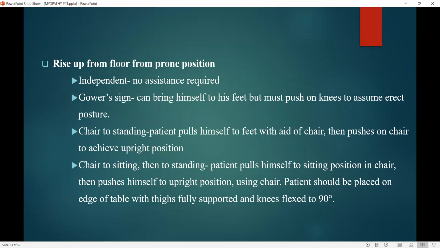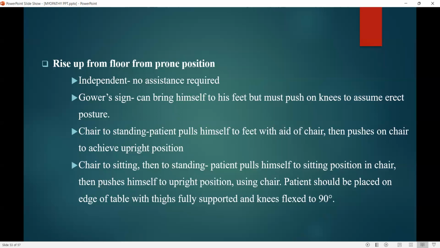Chair to standing: the patient pulls himself to his feet with the aid of the chair, pushes on the chair to achieve an upright position. Chair to sitting, then standing: the patient pulls himself to a sitting position in the chair, then pushes himself to an upright position using the chair.